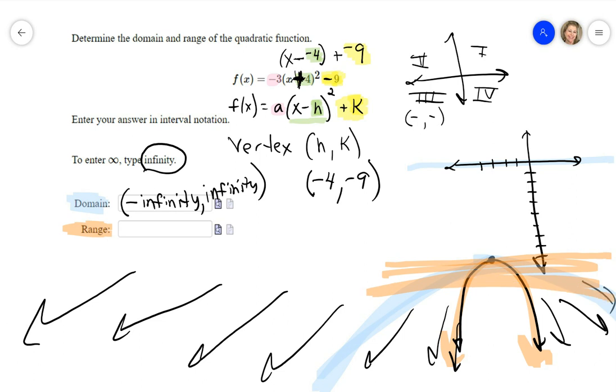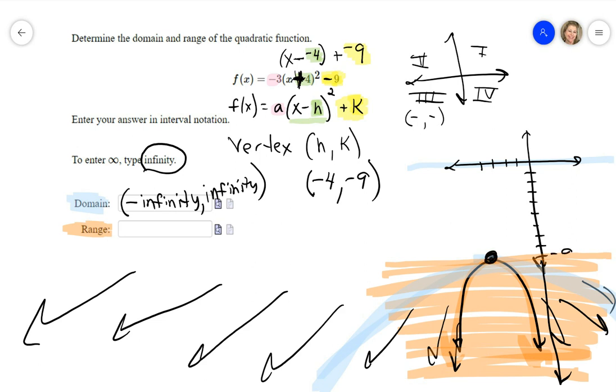So my range of this keeps going down and down and down. I'm going to draw the y-axis over here. So the highest point is right here, which is at -9. And the lowest point, which is way down here, is at -infinity.